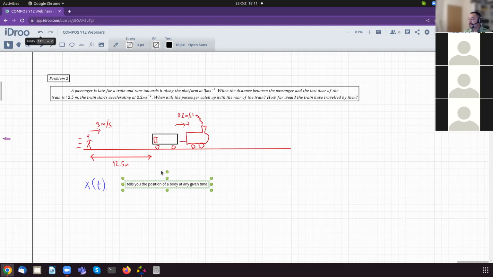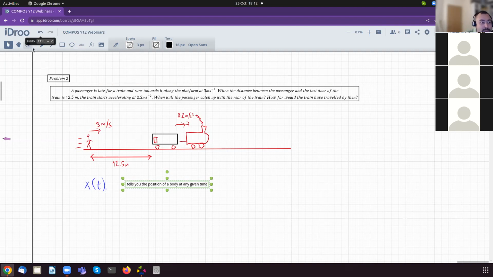The Suvat equation is pretty much the same thing, but its purpose is not always obvious. It's finding the unknown value given some values. But the ultimate goal of mechanics is to tell where things are at any given time.